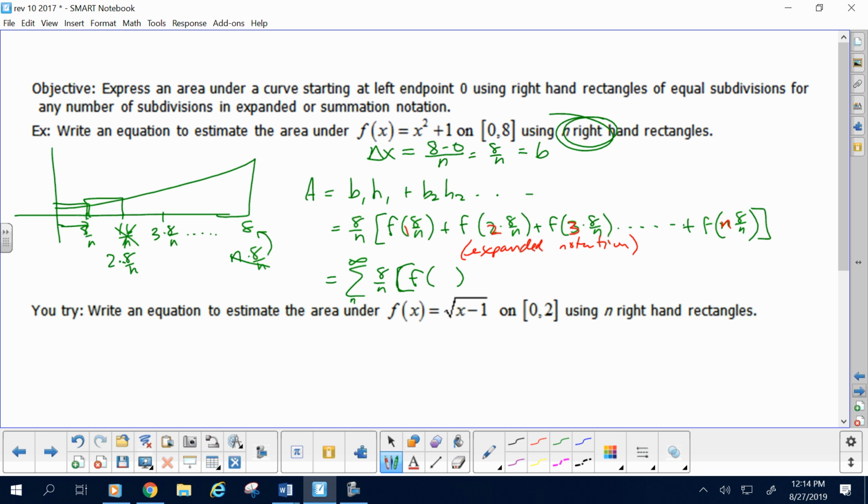Now we can't use n, so what do you want to call the counter variable? x is no good. Let's call it i. i and k are the most common indices for summation notation. So this is going to be replaced by an i. When you identify the thing that's counting each time, that's the counter in the summation. And what's always there the same is how many 8 over n's.